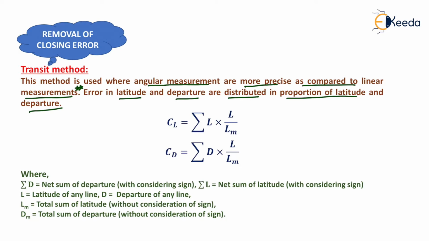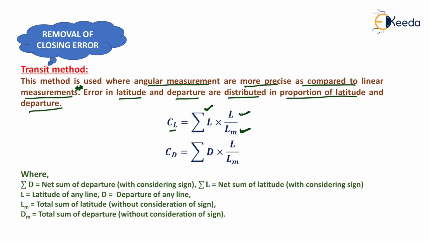It means that if we want to find the correction in latitude, that is CL, it will be equal to summation of latitude into latitude of any line divided by the total sum of latitude without considering sign. Here summation of L is the net sum of latitude with considering sign, and LM is the total sum of latitude without considering sign.